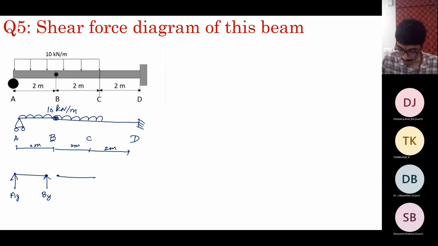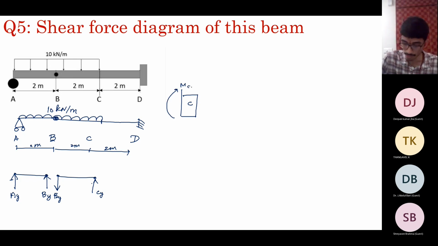So if you consider the next span, here there is no concentrated force that is acting. So the shear force has to be continuous. So this will have a downward force of By. And here, if you isolate, you'll have Cy. Cx will be there, but it is continuous. So this point on the beam corresponds to a continuous one, as I drew already. The point C is just continuous.